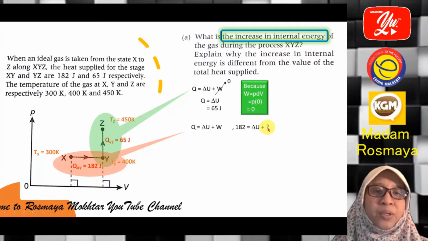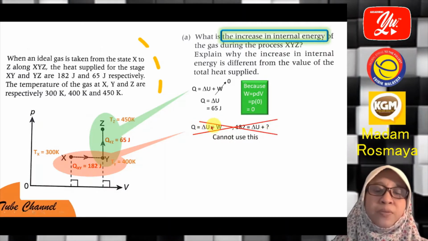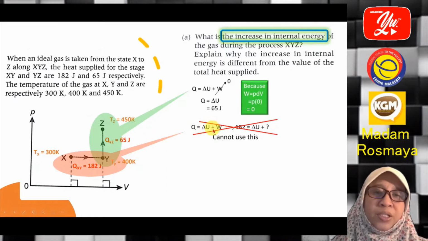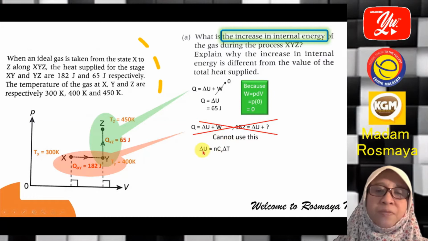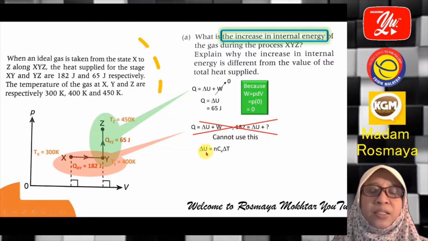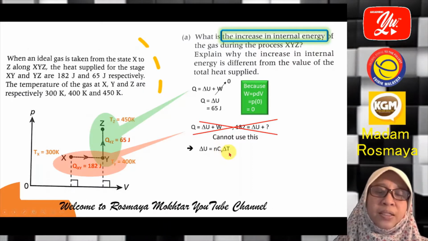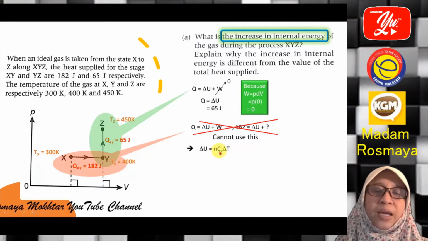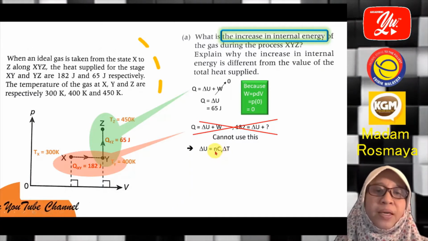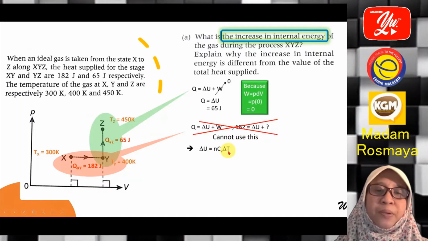But because we don't know the work done, we cannot use this first law of thermodynamics equation. So we can use another formula for the internal energy, which equals n Cv delta T. Cv is the molar heat capacity at constant volume, n is the number of moles and delta T is the change in temperature.